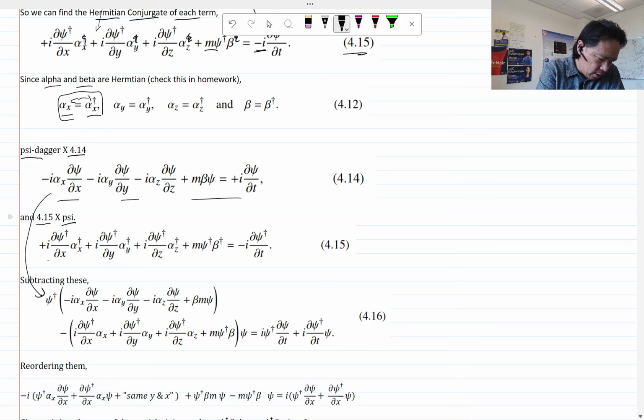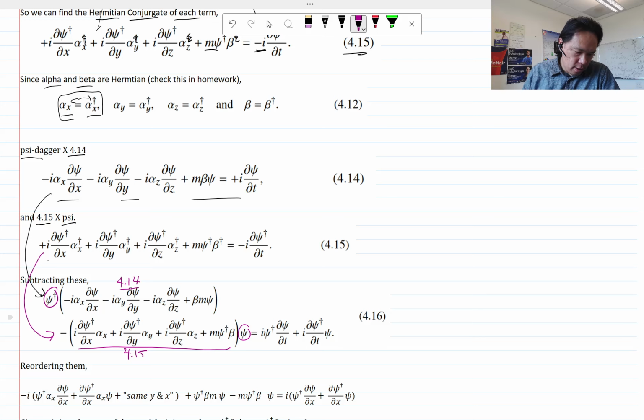That's what this first equation is trying to get you to do. And then here's the purple one. That's what the second one is trying to get you to do. So let's write them down here on top. This is psi dagger times equation 4.14, and this is equation 4.15 times regular psi.